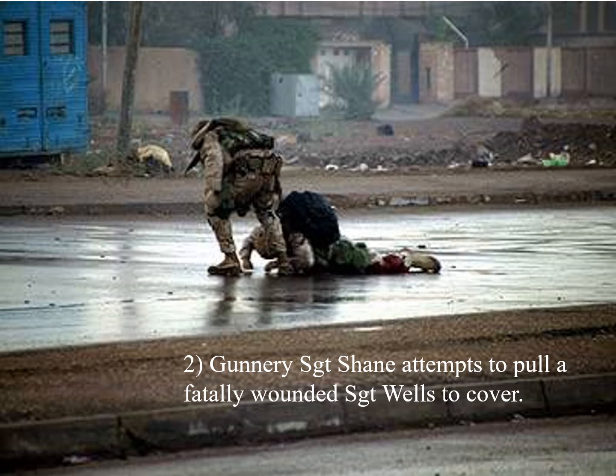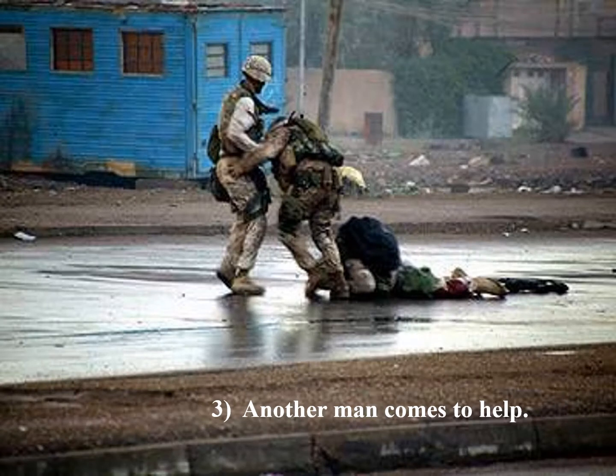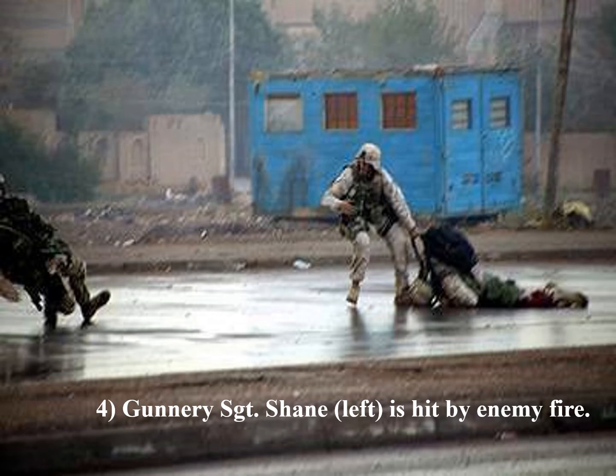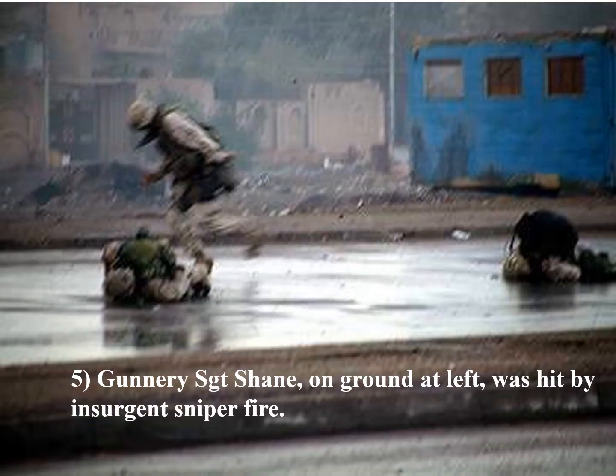Gunnery Sergeant Shane attempts to pull a fatally wounded Sergeant Wells to cover. This third man on the left is Hospital Corpsman Joel Lambert, the platoon's corpsman. Gunnery Sergeant Shane on the left is hit by enemy fire. Lambert was struck in the heel just after Shane was injured.